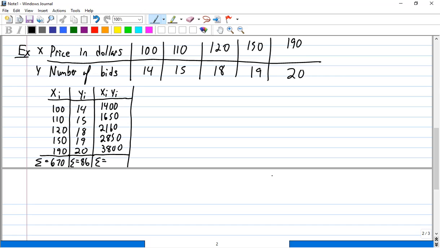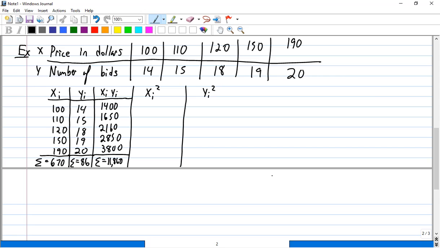Alright, and I got 11,860. I also need the sum of x squared. To get the 11,000 number, you added like all the 14 numbers. Yeah, okay. Let's take the sum.